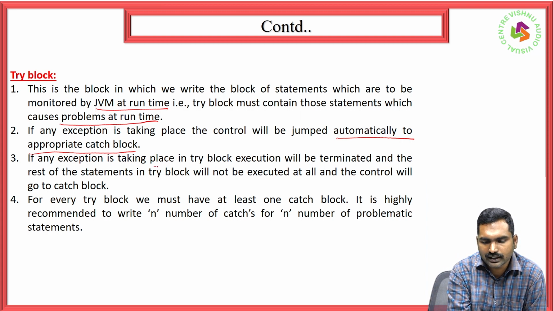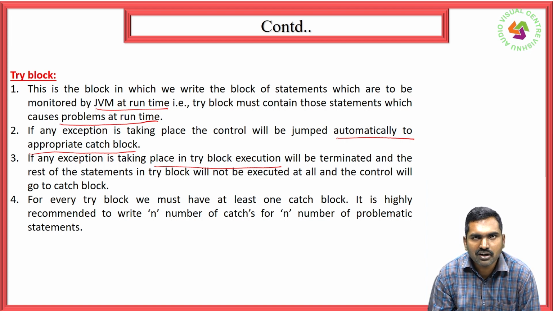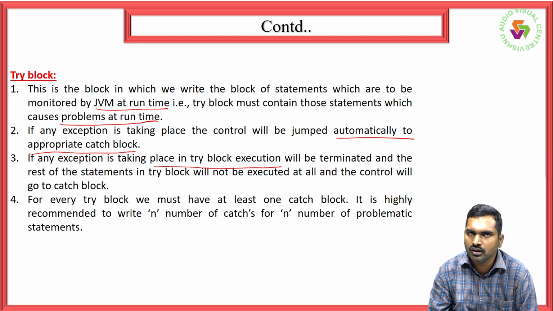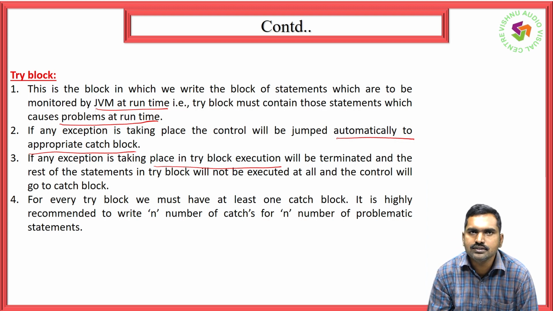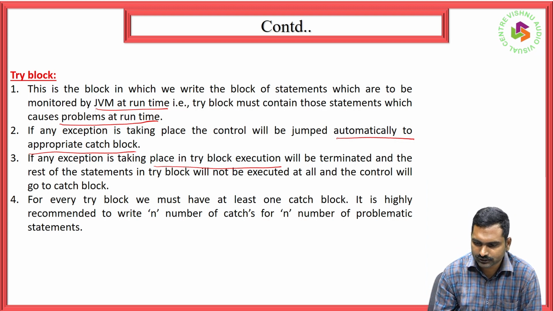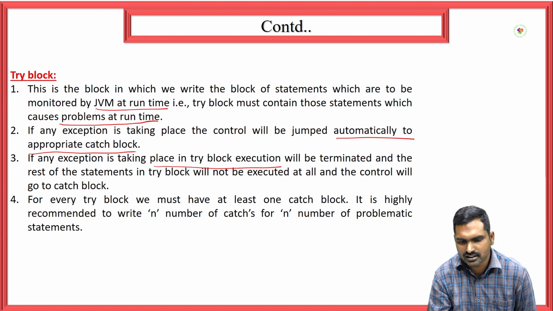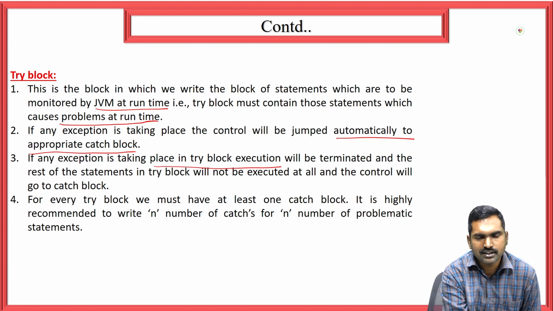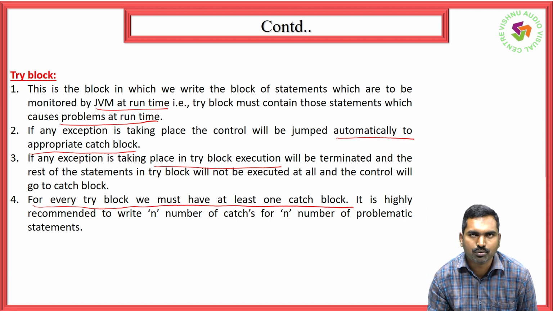If any exception takes place in the try block, the execution will be terminated and the rest of the statements inside the try block will not be executed, even if you use a return statement inside the try block. It is highly recommended that for n try block statements, we include n try-catch blocks. And the last point: for every try block, we must have at least one catch block.